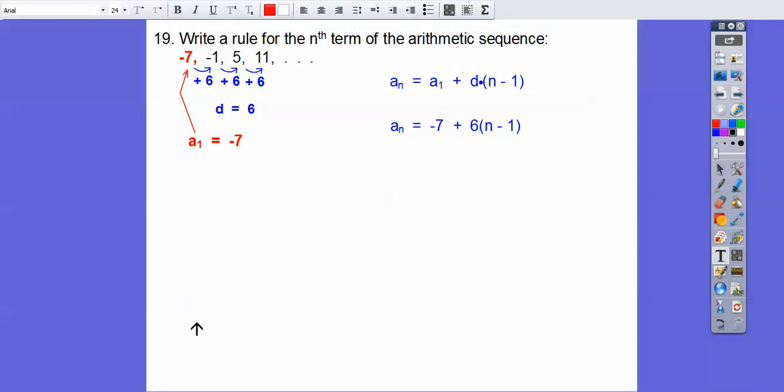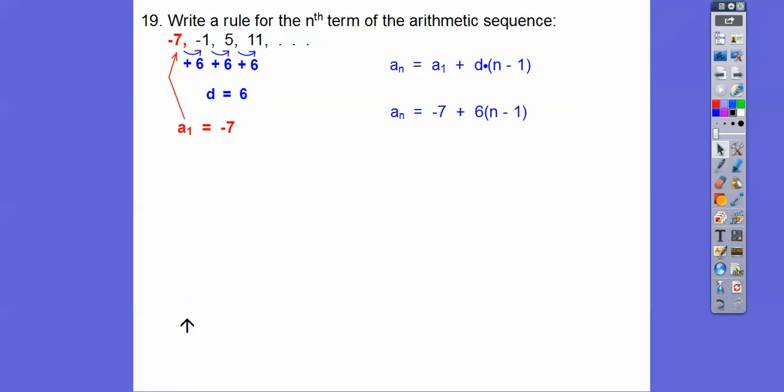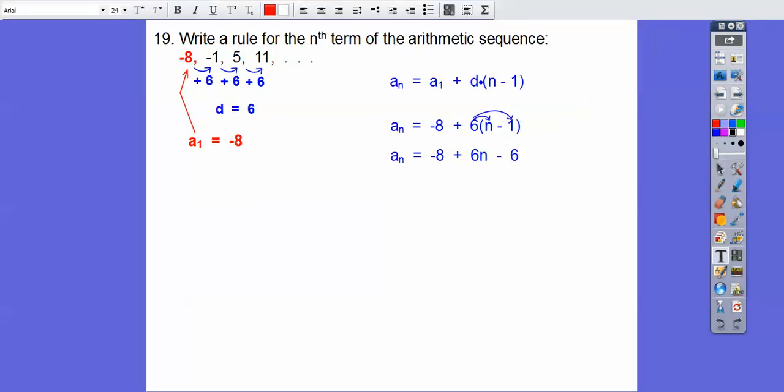Okay, so my next step is to clean it up and distribute this 6 through right here. So 6 times n, 6 times negative 1. When I do that, I get that right there. Sorry, got to do the 7 again, and the 7 here. Patient, you guys.